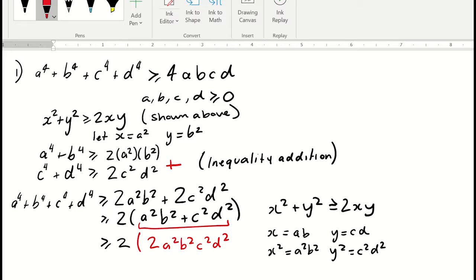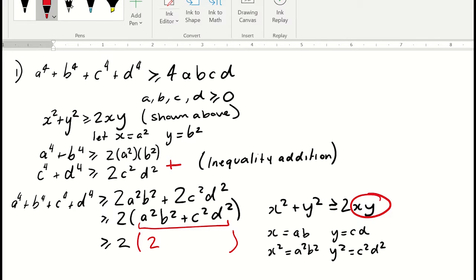I shouldn't have the squares, because it's 2xy, not x squared y squared, sorry.